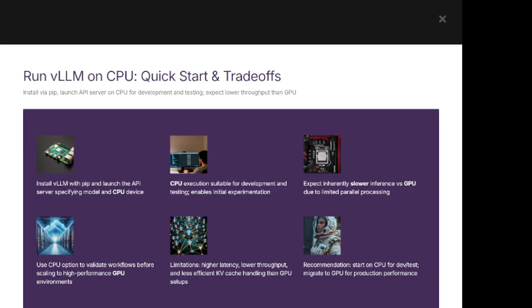Now the question comes: how do we do the same on the local system, or a system where we have a restriction to use the CPU but not the GPU? What are the trade-offs here? We see vLLM can be made to run on the CPU as well. However, internally it slows down inference compared to the GPU.